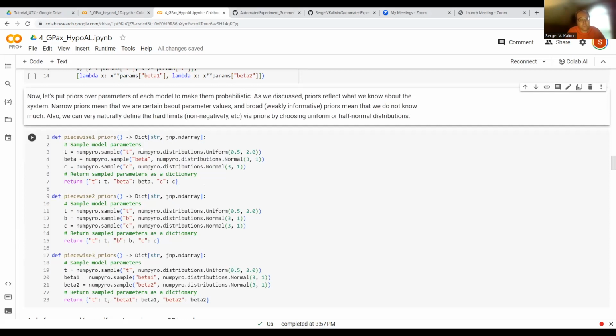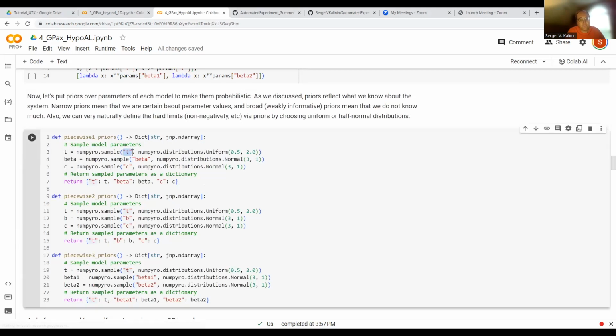We choose the uniform distribution for the position of the jump, between 0.5 and 2. We choose b having the normal distribution, with a mean of 3 and width of 1. And we choose the same one for c. And then we define the priors for the other two functions.